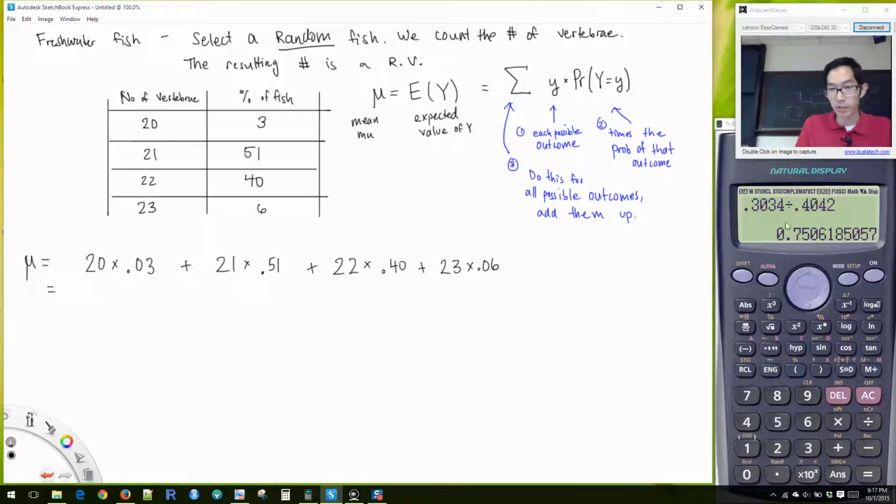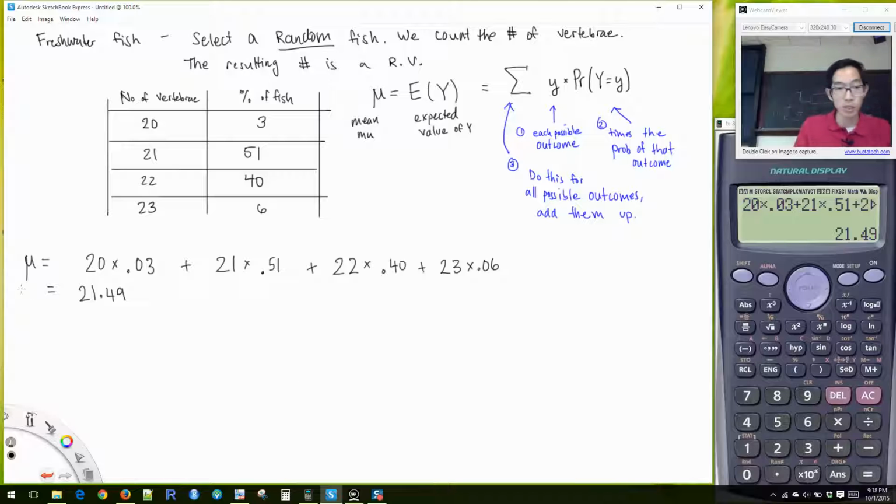And if you have a scientific calculator, usually you can just punch this in one go because it understands order of operations. And I punch them in and I get 21.49.